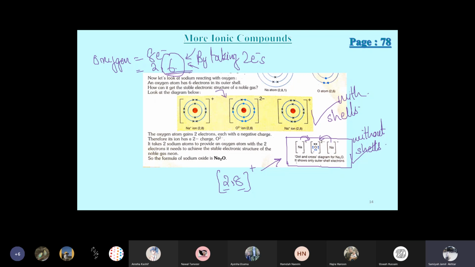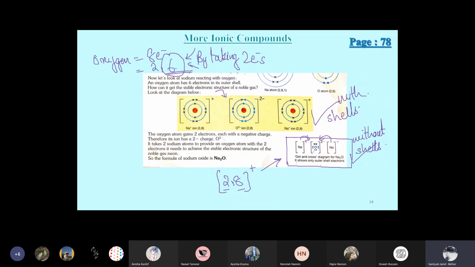But no shells. So this diagram is without shells. You can draw it in any way. Both are acceptable. Both are correct. The oxygen atom gains 2 electrons, each with a negative charge. Therefore, its ion has a 2 minus charge, the oxide ion.